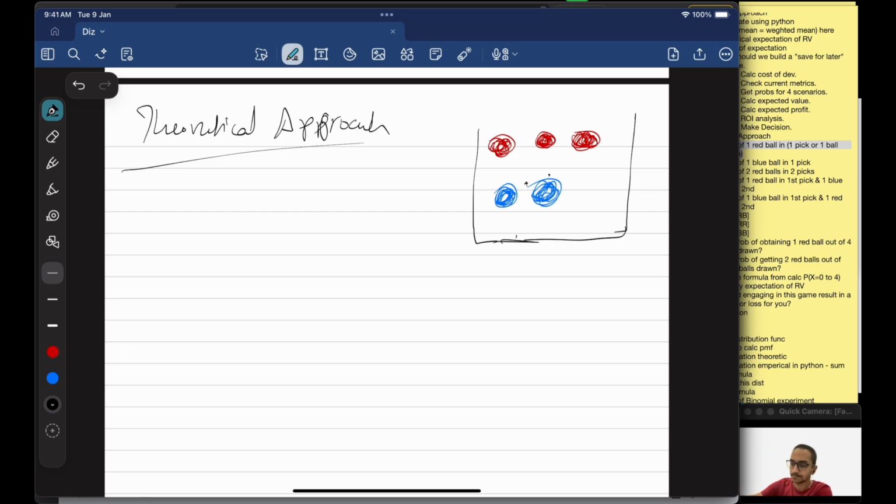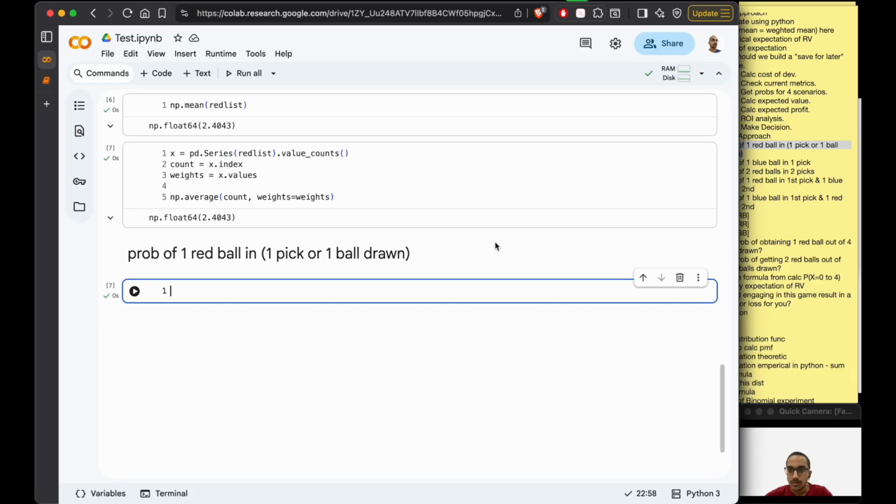Okay, so three reds and two blues, right? So the question is pretty straightforward. If we pick a ball at random, what is the probability of that ball being a red ball? P of R will be, we have 3 reds out of a total of 5.